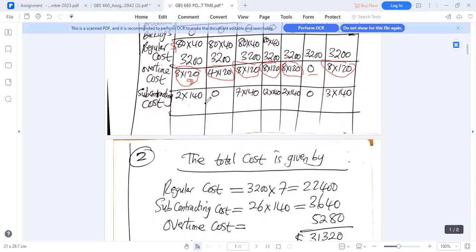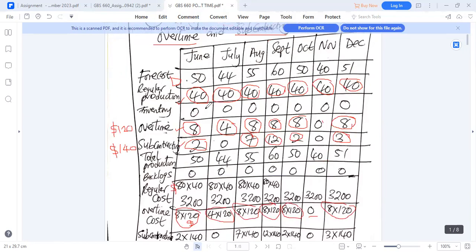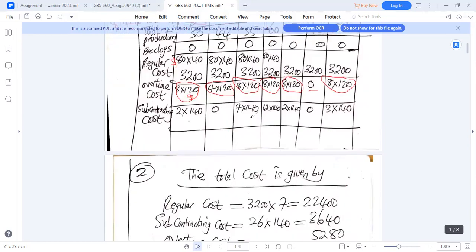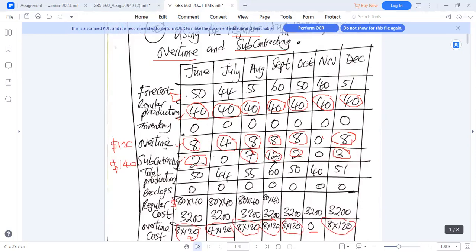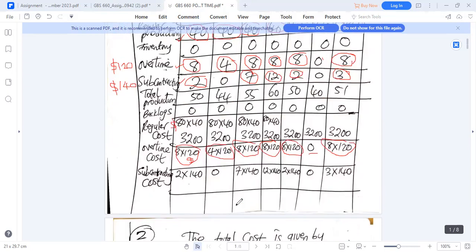So it's giving us throughout 3,200 because we produce the 40 units in each month. So our regular production is giving us $22,400.